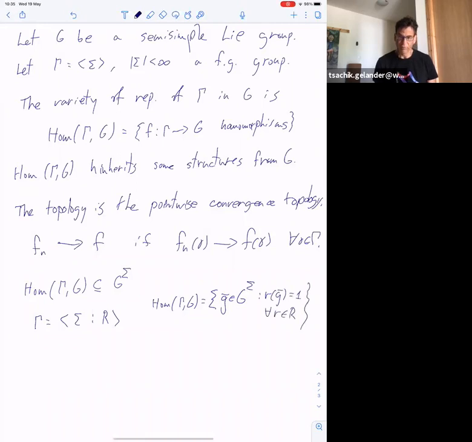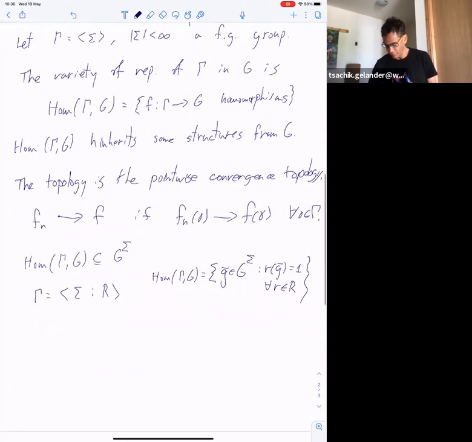So in that way, you can also think of it as an algebraic variety. So if G is a Q-algebraic group, then Hom(gamma, G) is an affine algebraic variety defined over Q also.